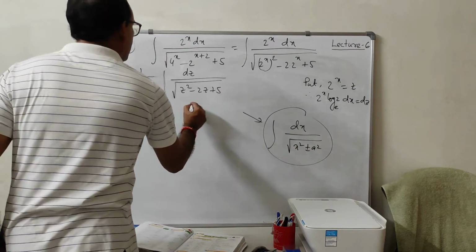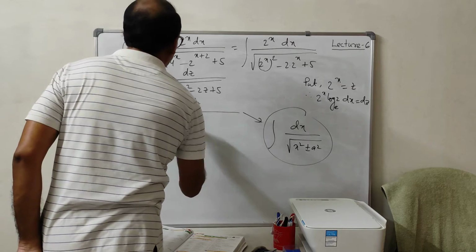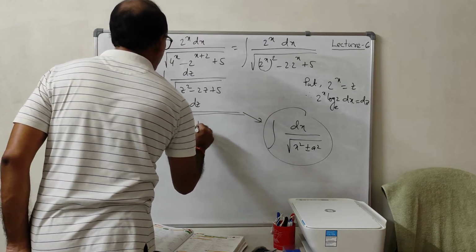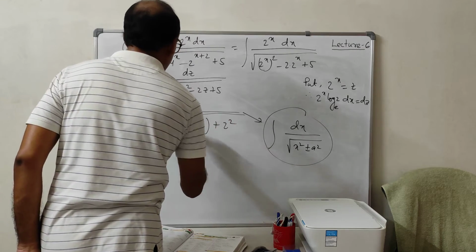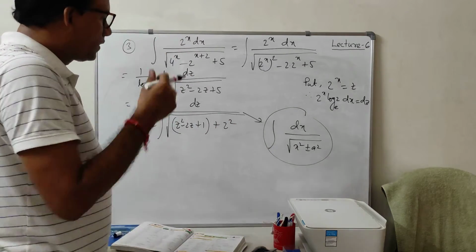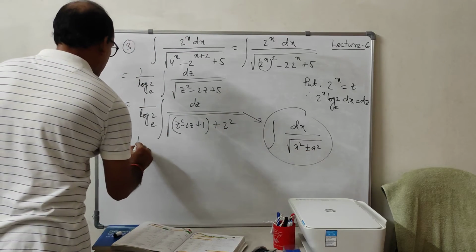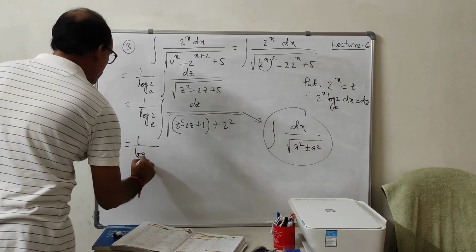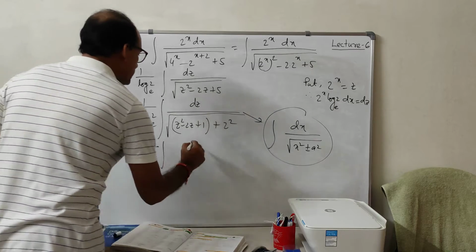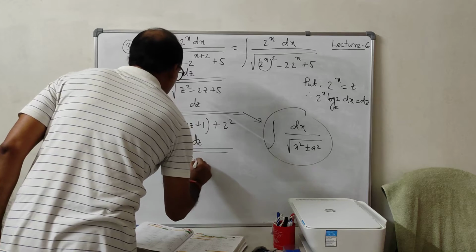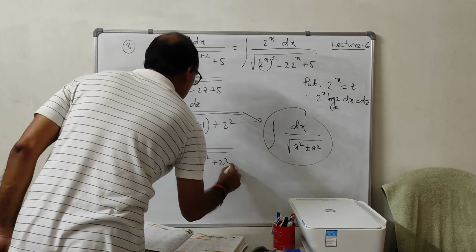Integration dz over root of z square minus 2z plus 1 plus 2 square. Okay, we got a plus sign here. So 1 over log 2 base e integration dz over root of (z minus 1) whole square plus 2 square.